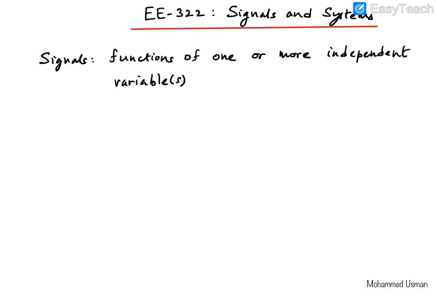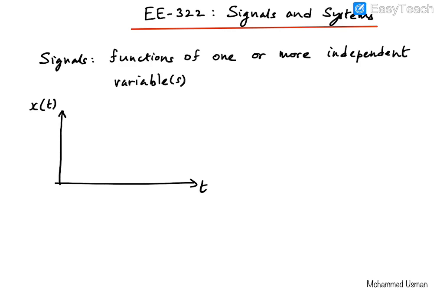And rather than having multiple independent variables, we will be focusing our attention in this course on a single independent variable, which is going to be time. So, for example, we can have a signal which is a function of time. So the independent variable t, which is time, is on the x-axis, and the signal that is varying as a function of time will be on the y-axis, which we can denote as x of t.